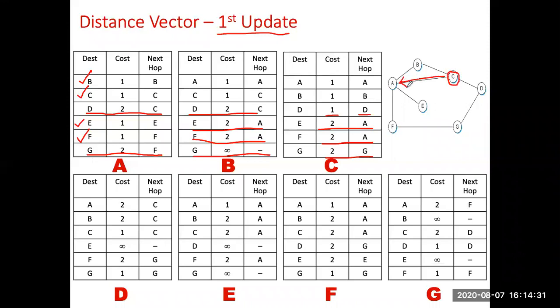Now A can calculate the cost of D, because the cost of C was 1, and C knows that the cost to D is 1.